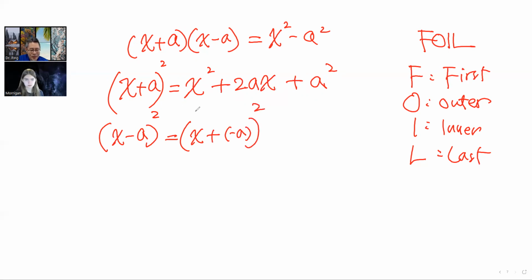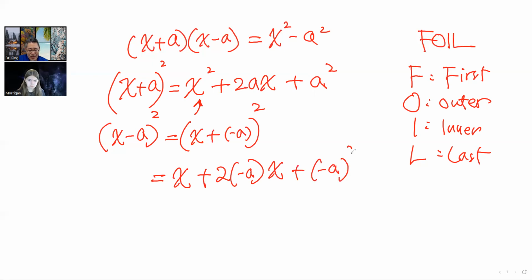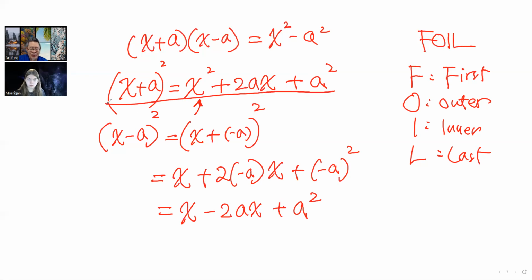And now we can just use the identity we had before: x plus 2 negative a x plus negative a squared. And that gave us x minus 2ax plus a squared. So that's one way to do it, just to use whatever we already proved.